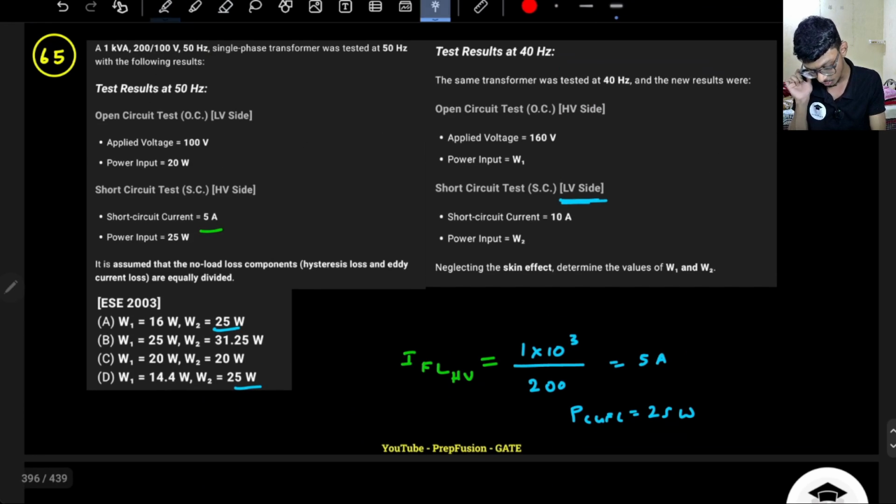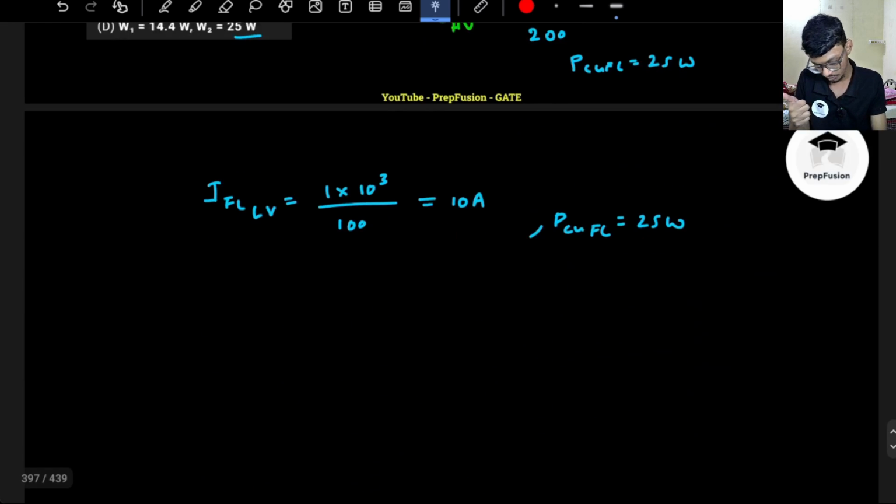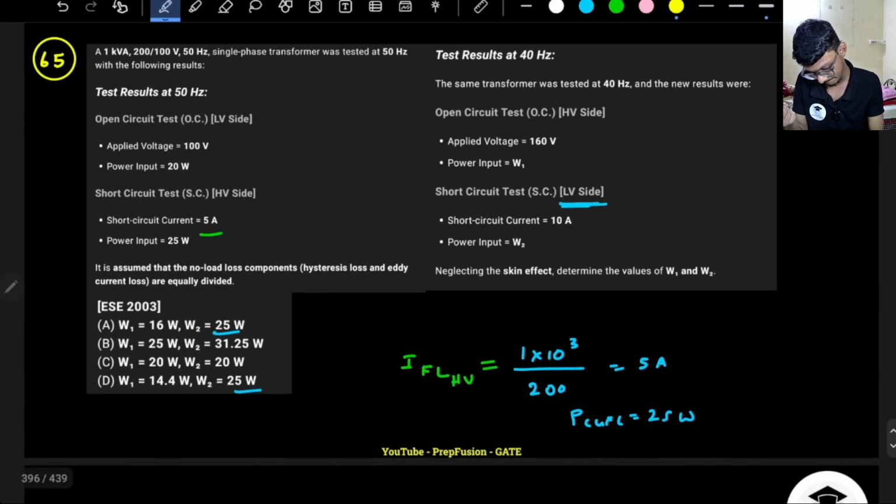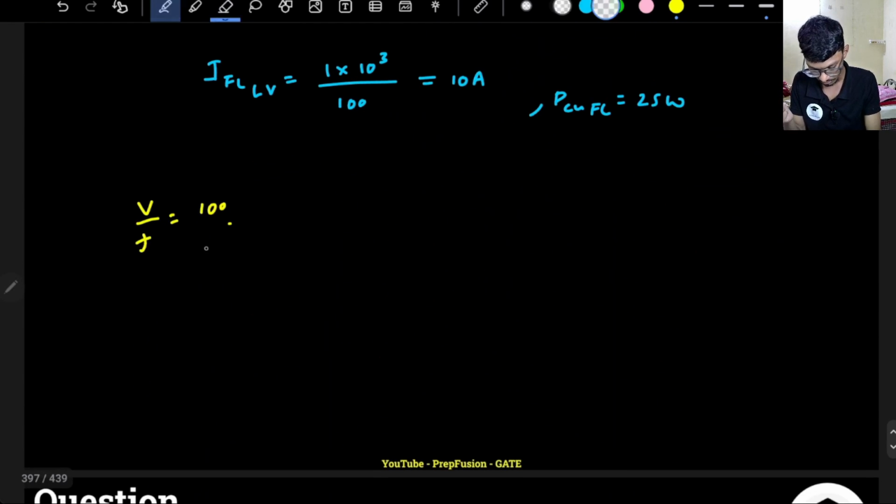So in the first case, open circuit test, applied voltage is 100 and here applied voltage is 160. What is the V by F ratio? Initial V by F ratio is 100 divided by the frequency, that is 50, so 2.